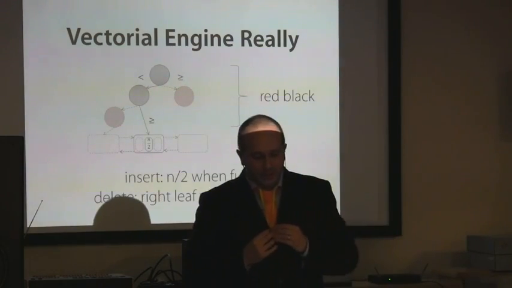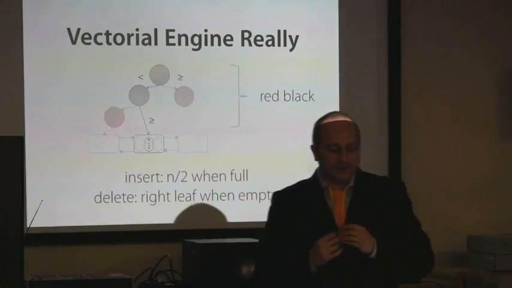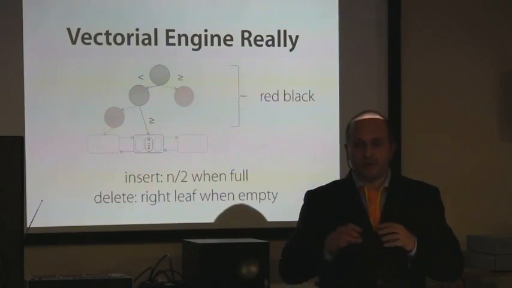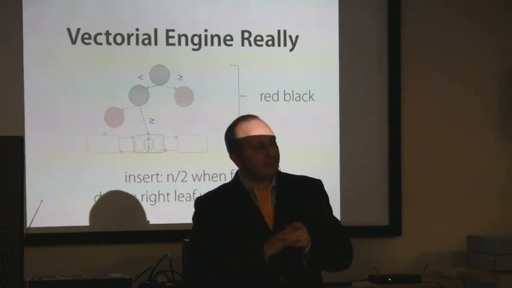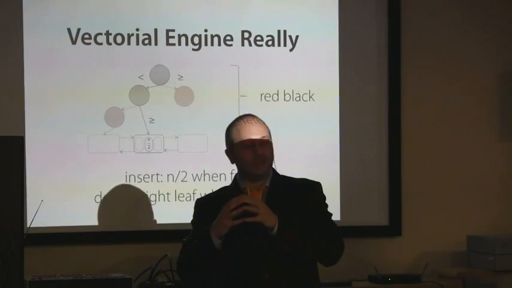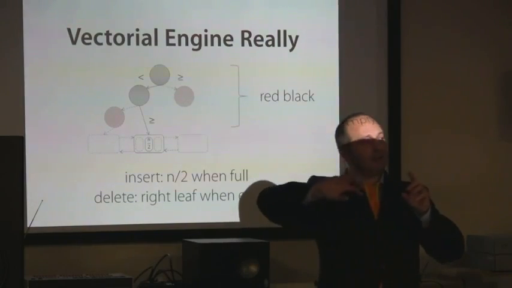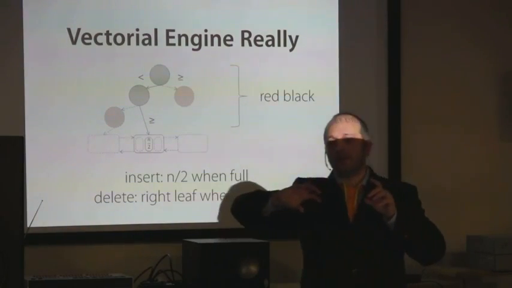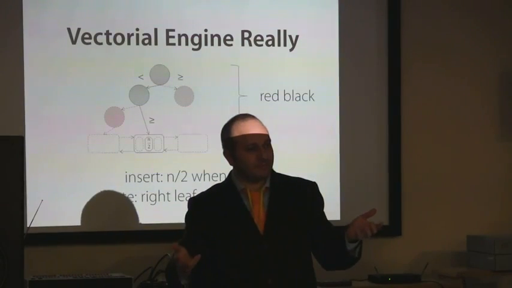And this is the solution. You can delete a node from the red-black tree when it is the right leaf of something which is empty. That convention paper wasn't telling you it was the right leaf which was added. So I just discovered it and I use it, and it's working.